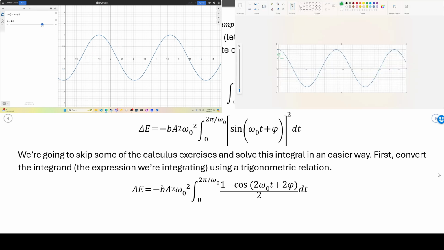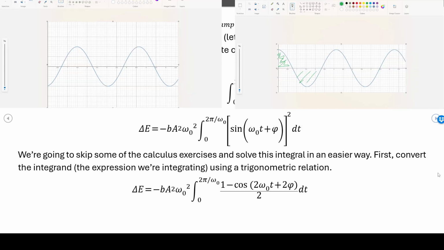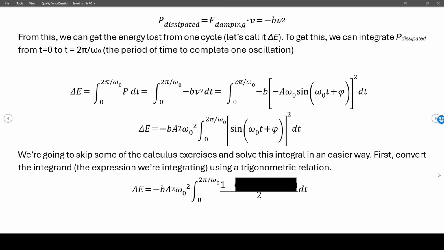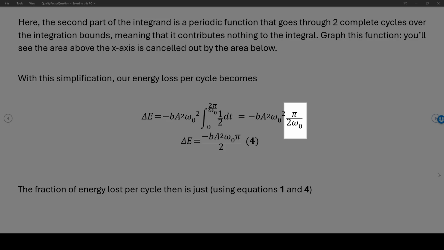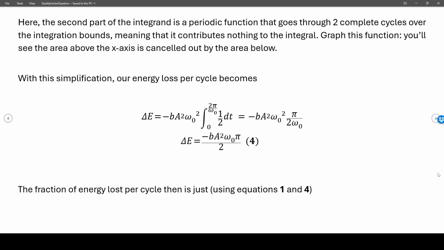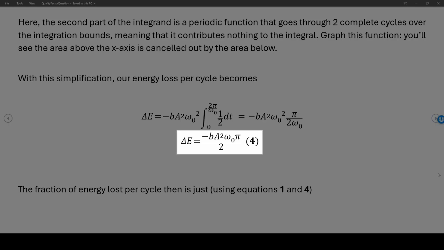While it's not completely accurate, it's just a hand-drawn mess, it leaves us with the same amount of area above as below. So we know this term is going to contribute nothing to the integral due to symmetry. Integrating that turns out to be just pi over 2 omega naught, giving us the final answer for delta E, the total energy loss, being this relation: minus b A squared times omega naught times pi all over 2.